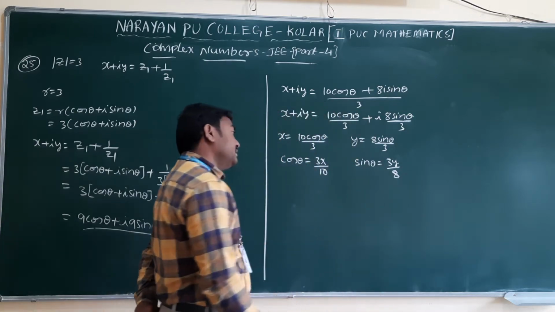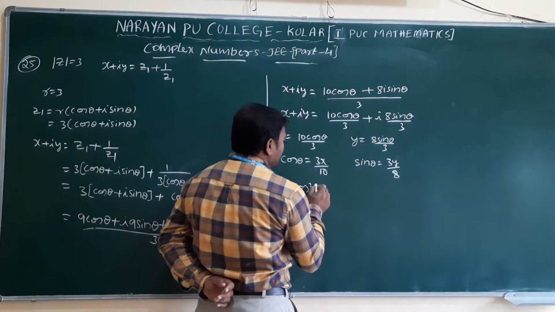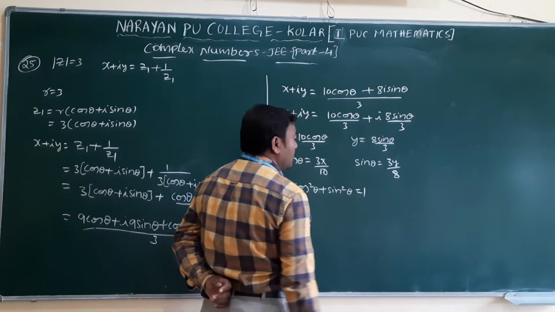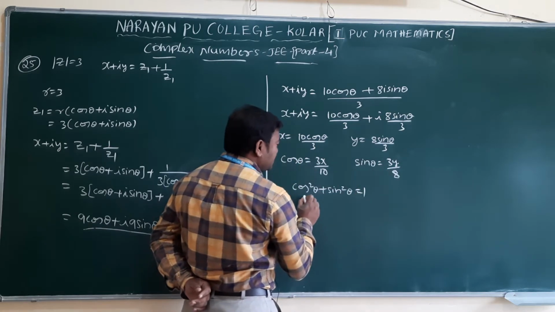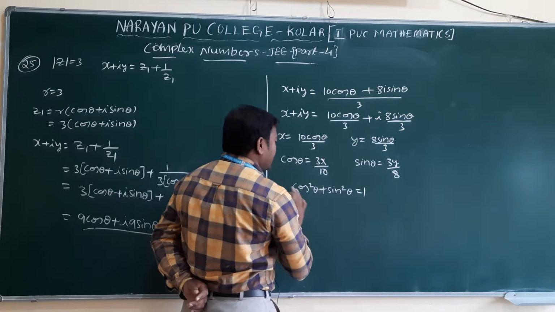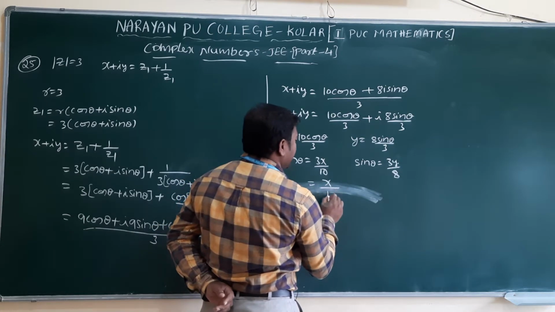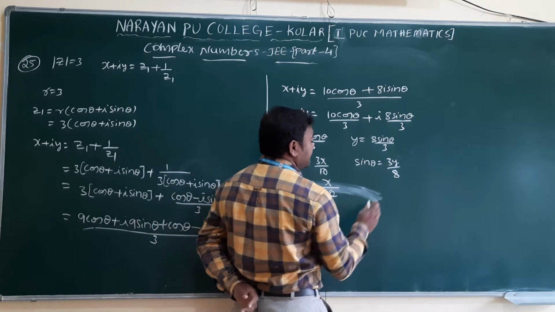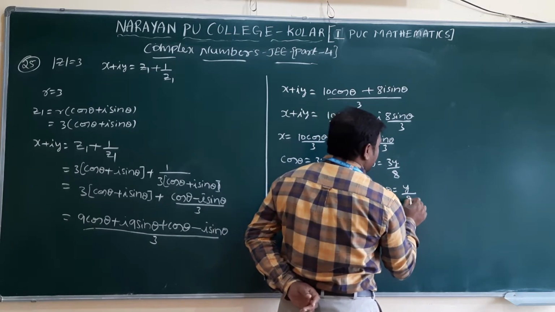Already we know the trigonometric identity, cos square theta plus sin square theta is equal to 1. Here cos theta can be written as x by 10 by 3, and sin theta is equal to y divided by 8 by 3.